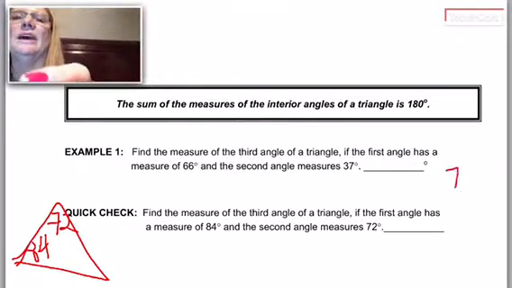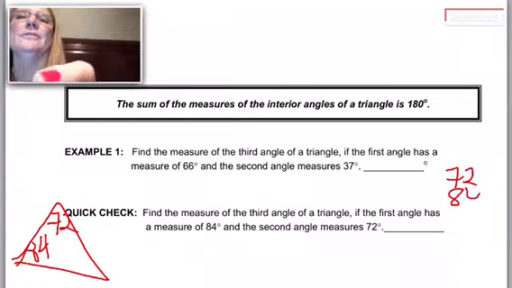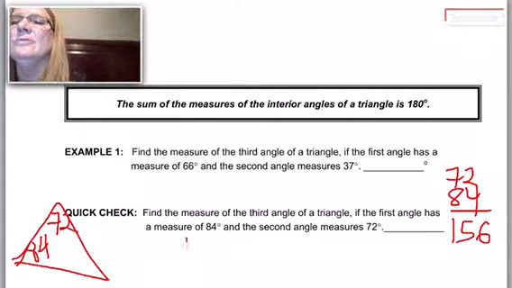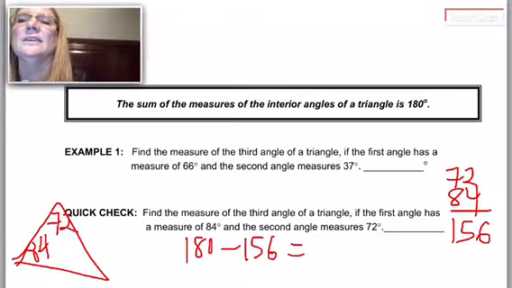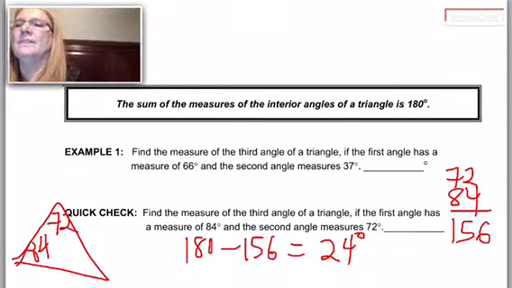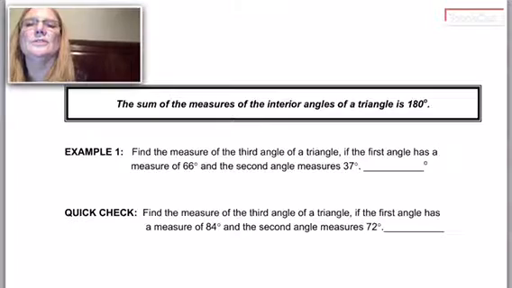And we know that when we add those two numbers together, we get 156, and since all three angles have to add up to 180, we simply do 180 minus 156, and we get 24 degrees. Okay, so now let's look at the next problems.